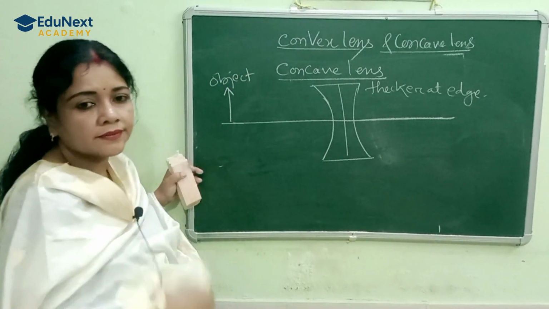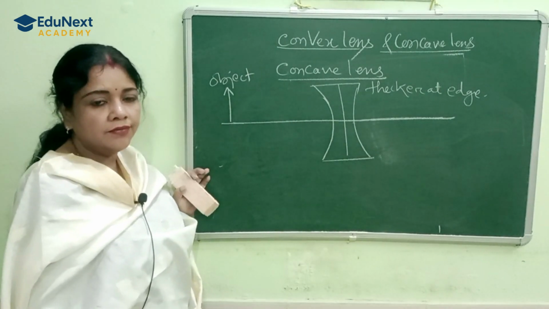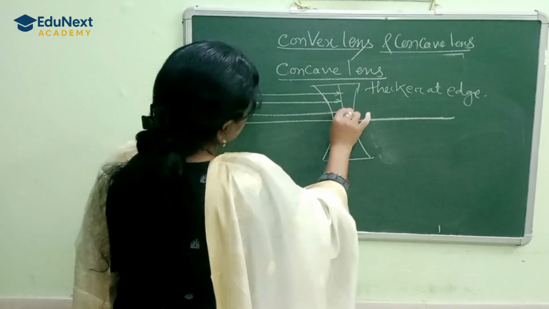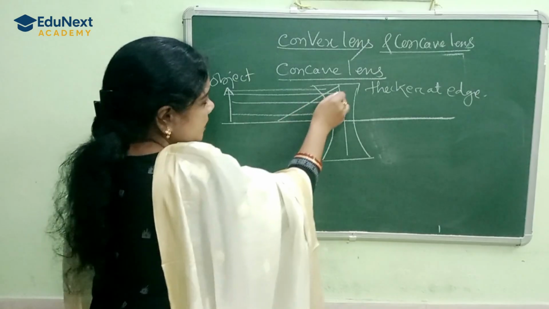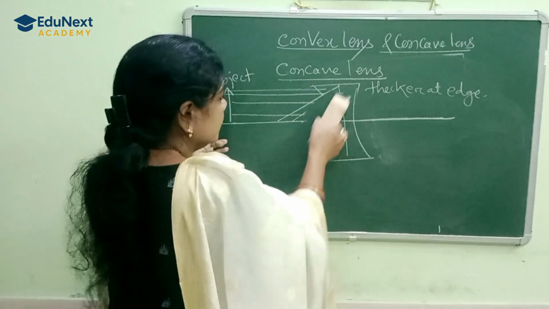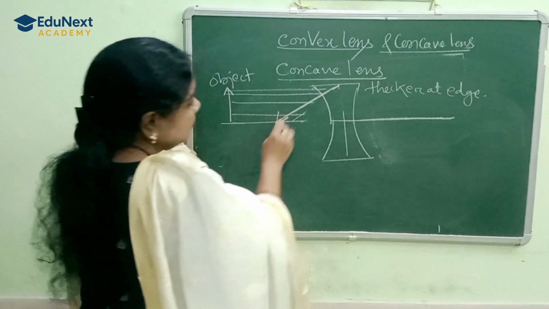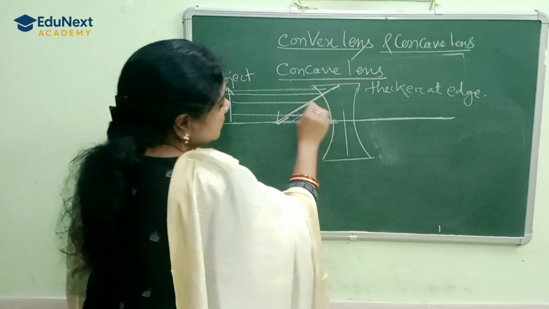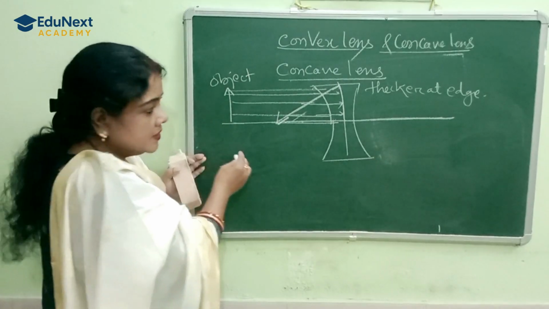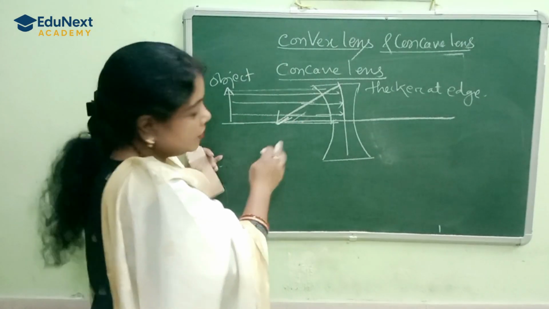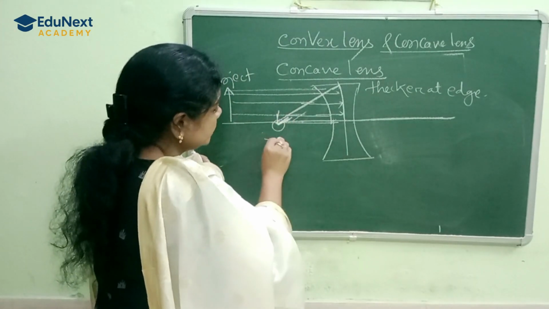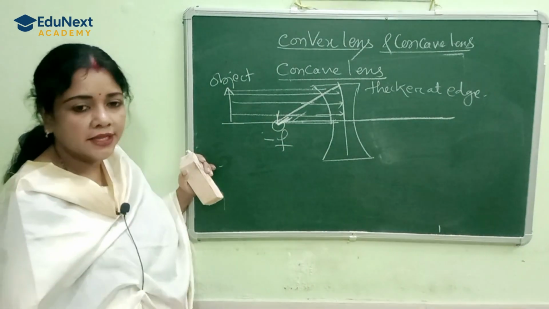What happens? If the ray is moving from the object, it will diverge, and the focal point will fall behind the lens. It means my focal point is not falling after the lens, but before the lens. That's why this focal point is assigned a negative sign.